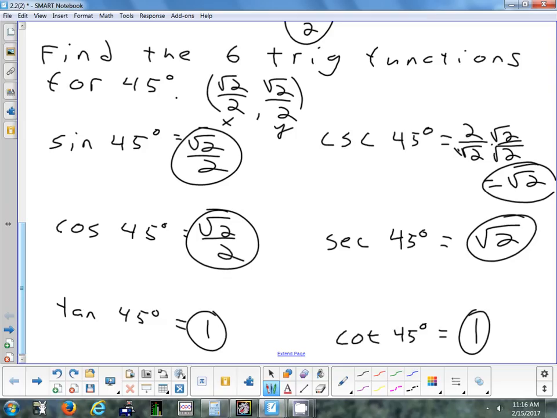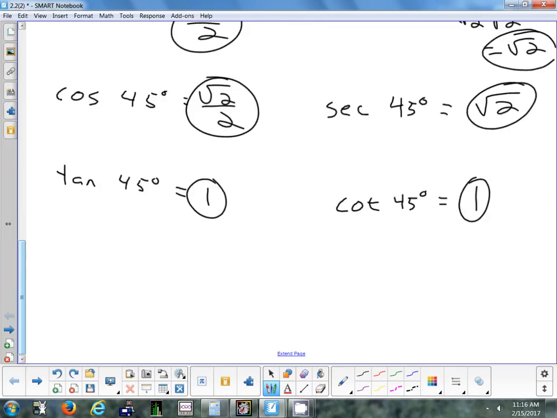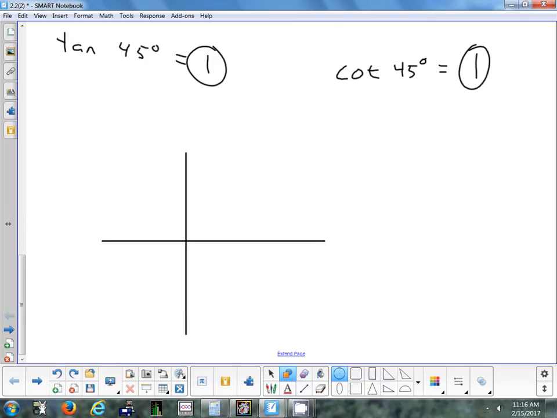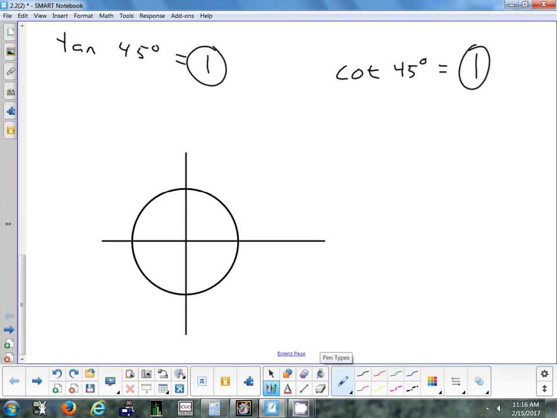Okay, any questions on how we did that? Okay, so I want to just try something for a second. I'm not going to focus on this too much today, but that was a 45-degree angle. Okay, it was exactly halfway between 0 and 90.